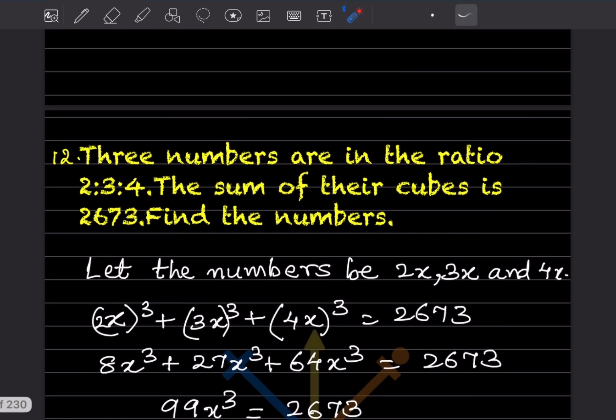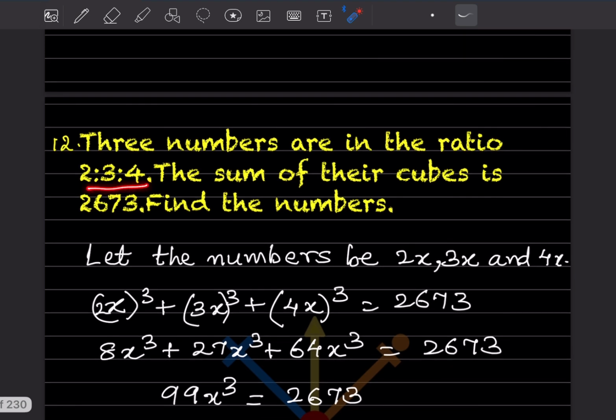3 numbers are in the ratio 2 is to 3 is to 4. The sum of the cubes is 2673, and you have to find the numbers. When the ratio is given, we can put a variable, so let the numbers be 2x, 3x, and 4x. Because it is a cube, the bracket is important over here. If you just write 2x cube, it means the cube is only for x.